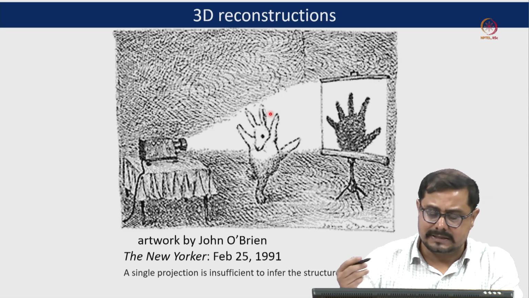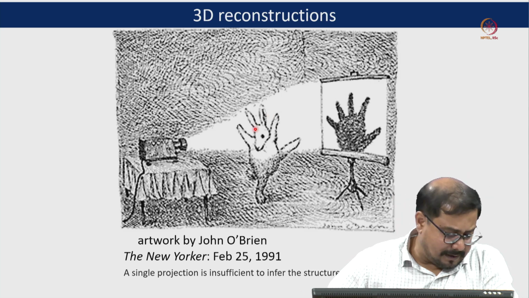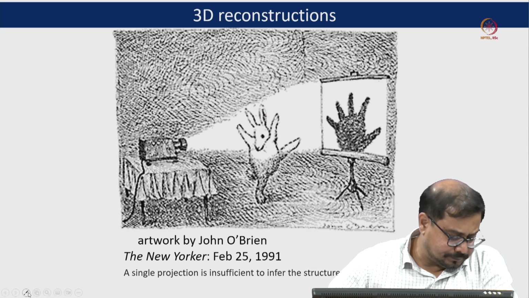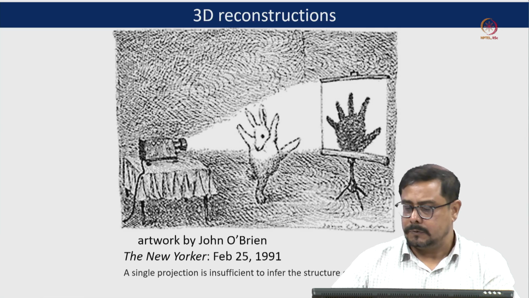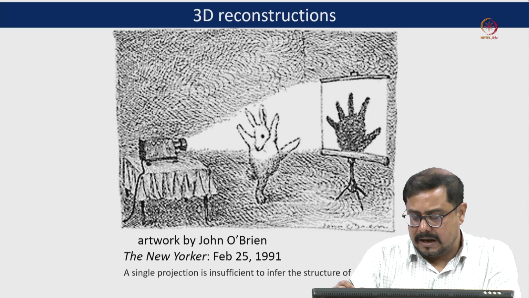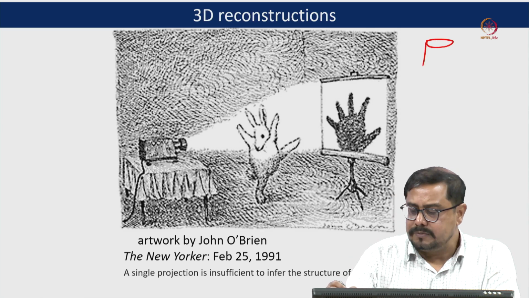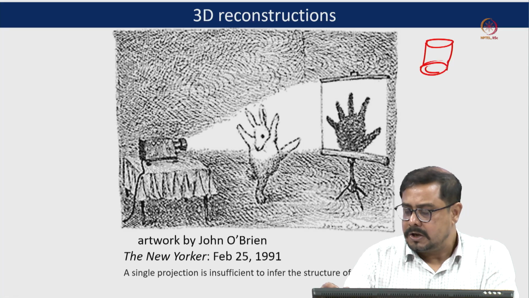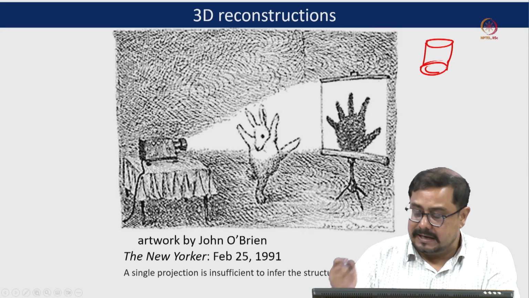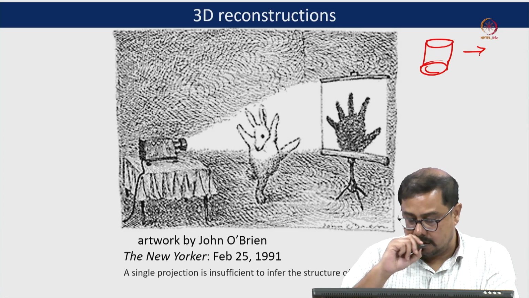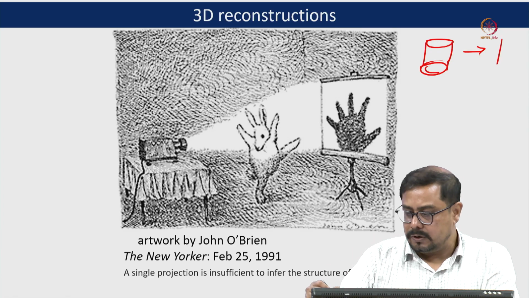So if you consider this particular sample, here we have an object, and it is this. If we have an object, there are two major things we can expect.